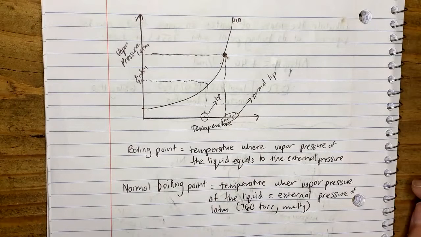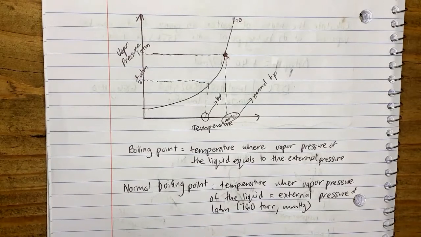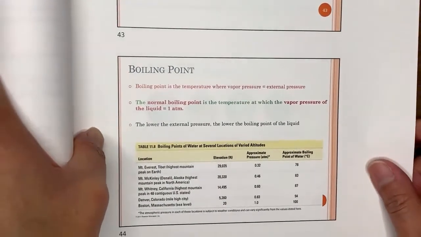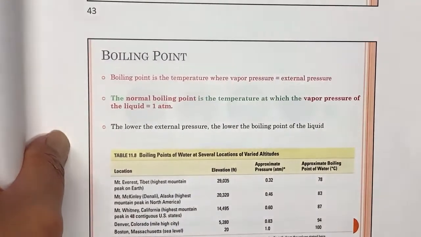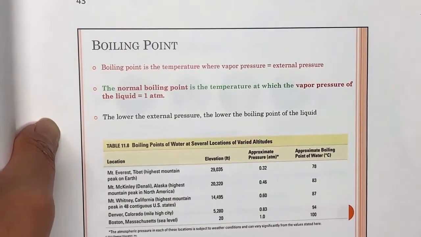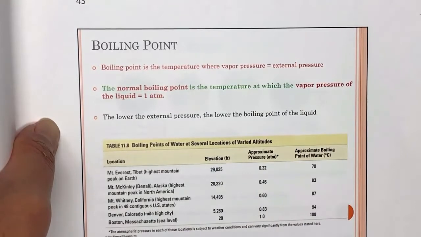So that's for 1 atm. All right, I want to show you a cool chart here. This chart tells you boiling point is where the vapor pressure of the liquid equals the external pressure. Normal boiling point is at 1 atm. When you're not at 1 atm, you don't call it normal boiling point, you just call it boiling point.